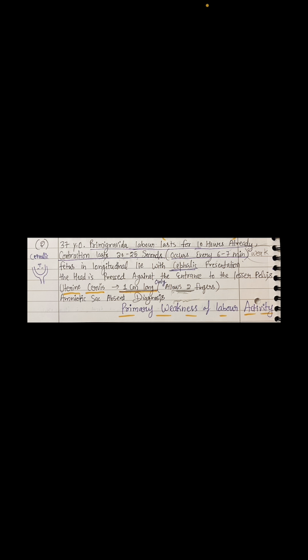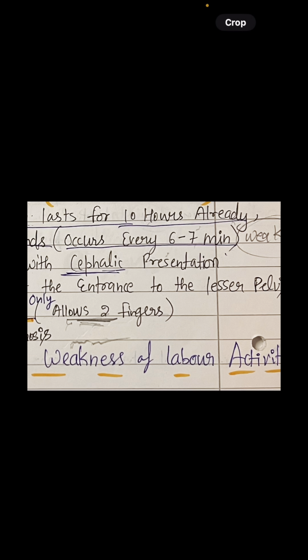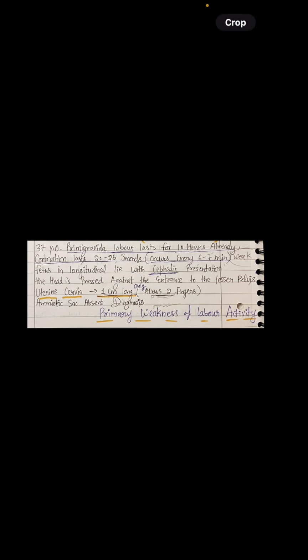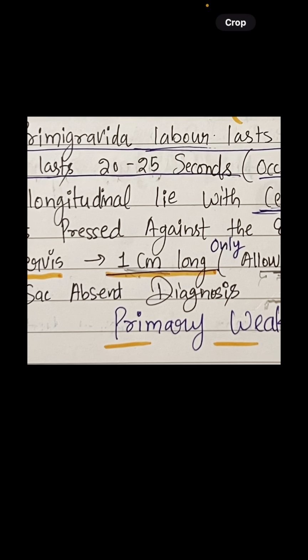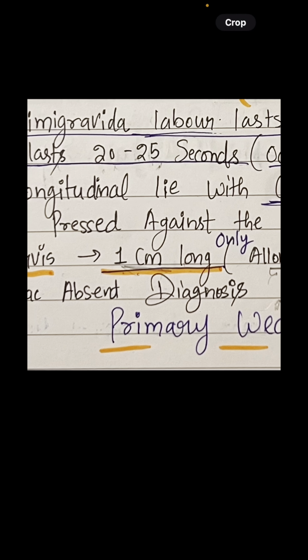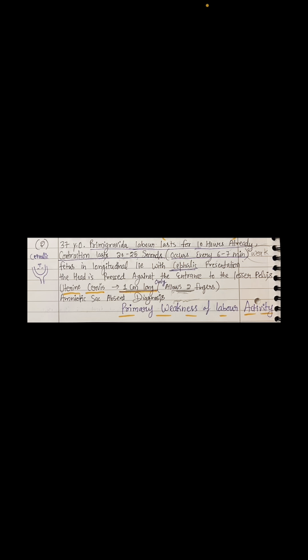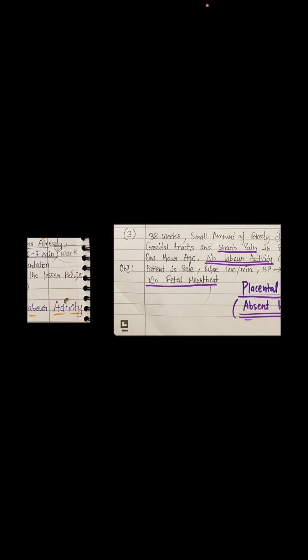But to mark the answer, primary weakness of labor activity, the point is that labor has lasted 10 hours already and the cervical opening is still just 1 centimeter. So it is the primary weakness of labor activity.